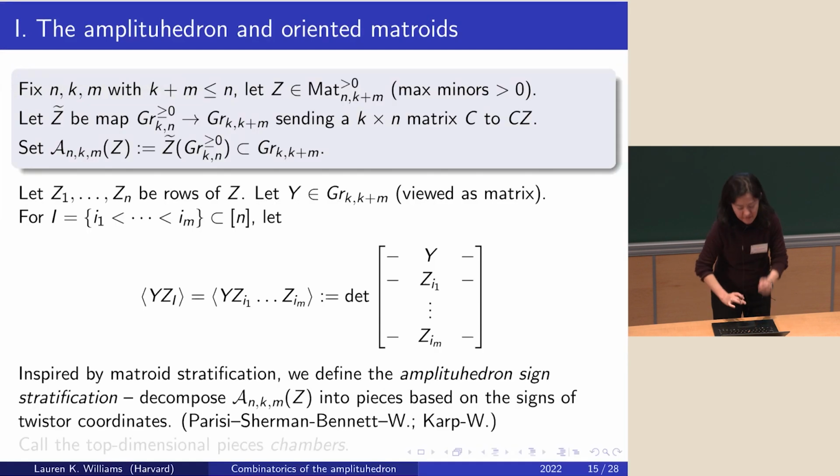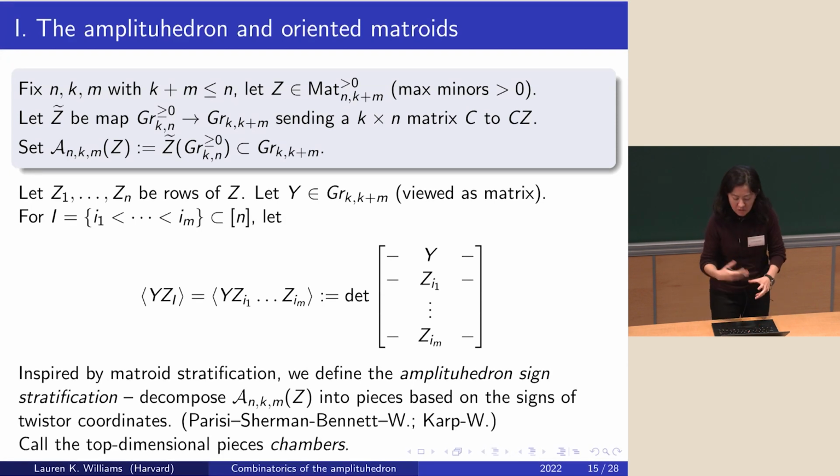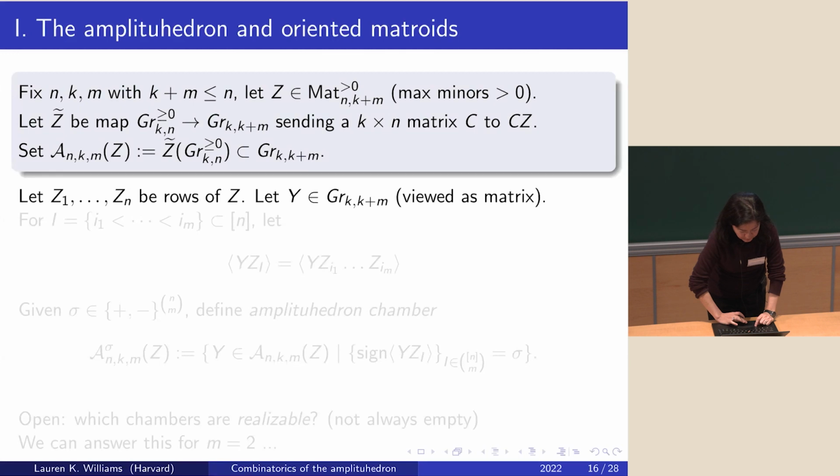Now, inspired by the matroid stratification of the Grassmannian, we can define the amplituhedron sign stratification, where we decompose the amplituhedron into pieces based on the signs of these twistor coordinates. We'll call the top dimensional pieces chambers.